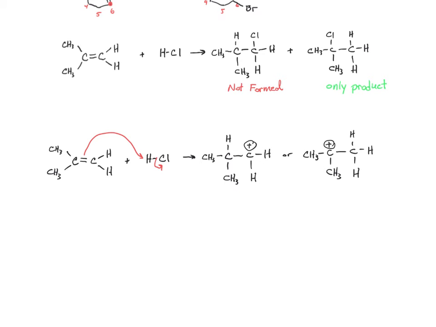Okay, they're both carbocations. Well, they're both unstable relative to the starting materials or the products, but by comparison, the one on the left-hand side is a primary carbocation, whereas the one on the right is a tertiary carbocation.